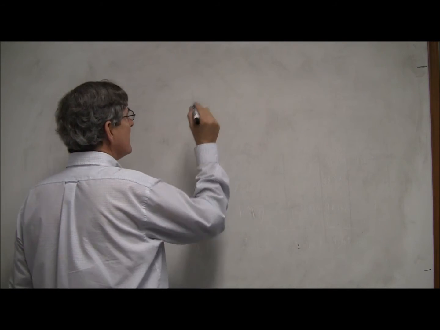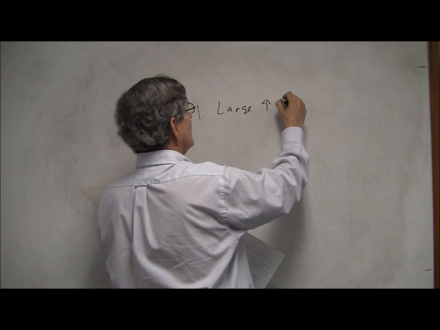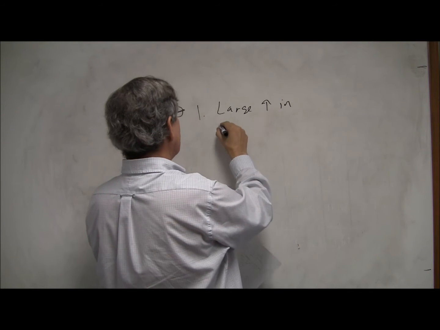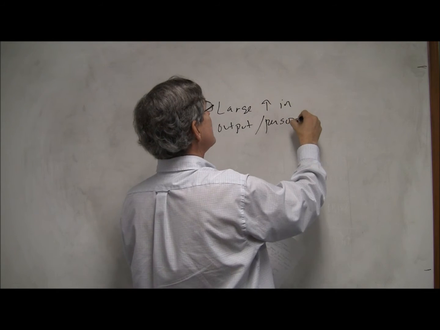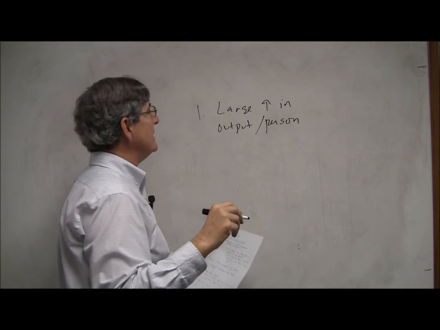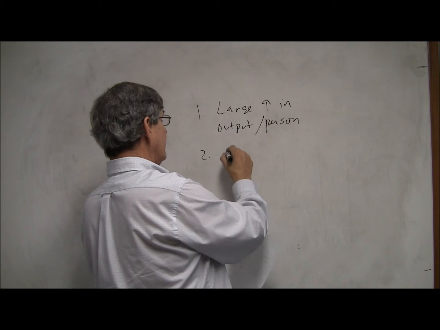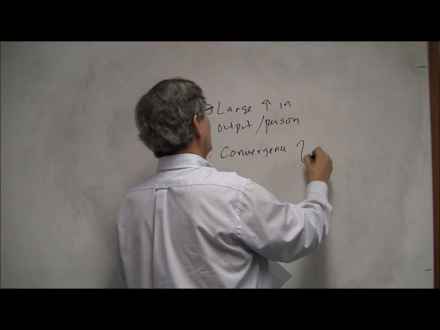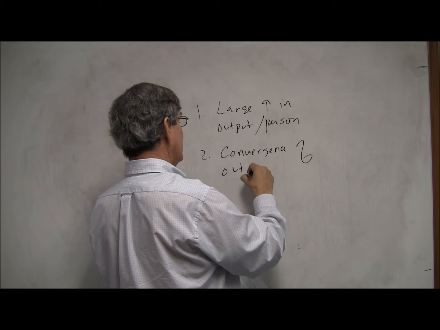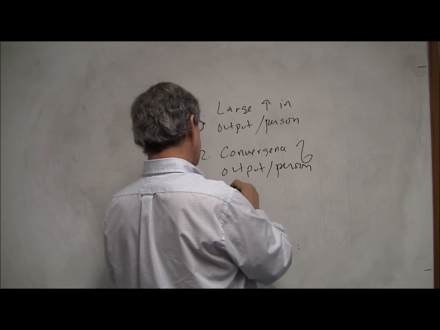So the conclusion from that is that one, there's a large increase in output per person, and that's in all countries. Even the US tripled in 60 years. And 2, convergence of output per person across countries.